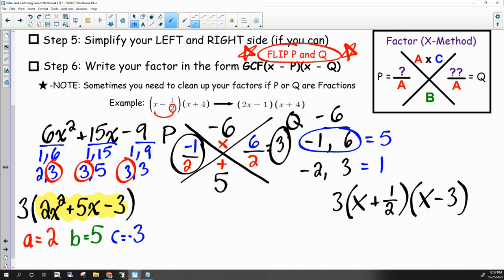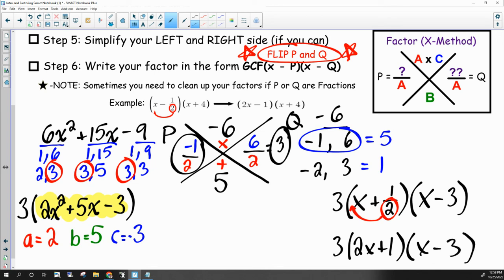It seems weird, like why are you allowed to do that? Really all we're doing is multiplying this by 2. So we're going to take this 2, and we are going to Schwoope it in front of the x, and our final answer is 3 times 2x plus 1 times x - 3.